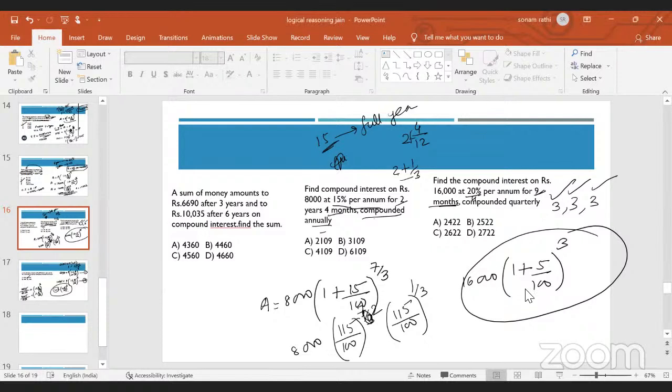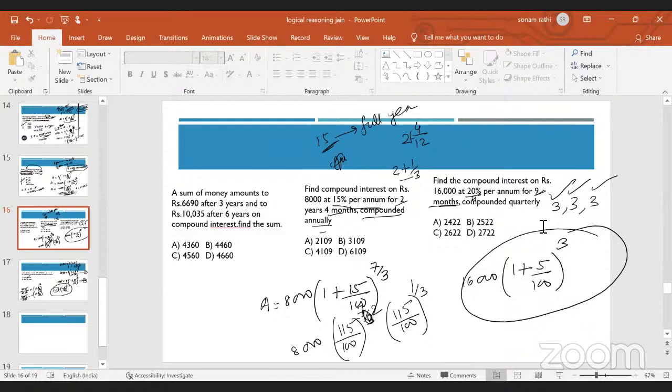105 into 105 into 105. Or 105 by 100, right?